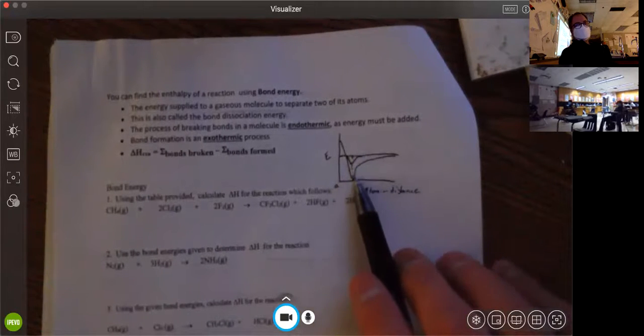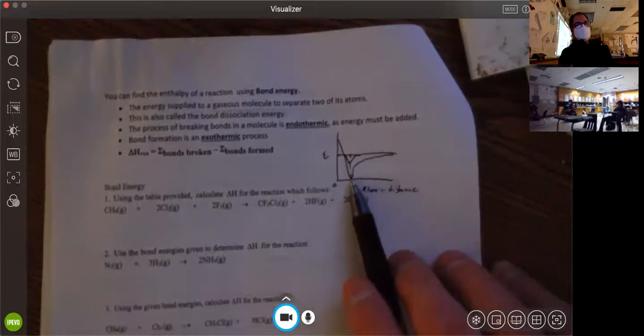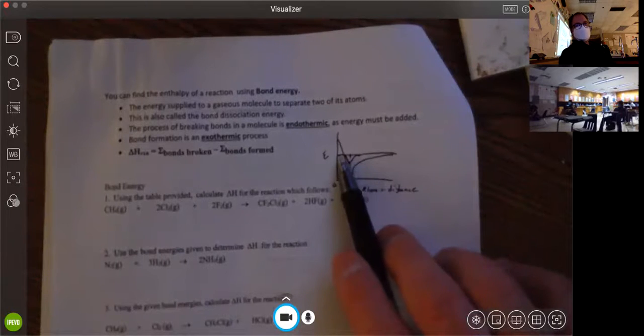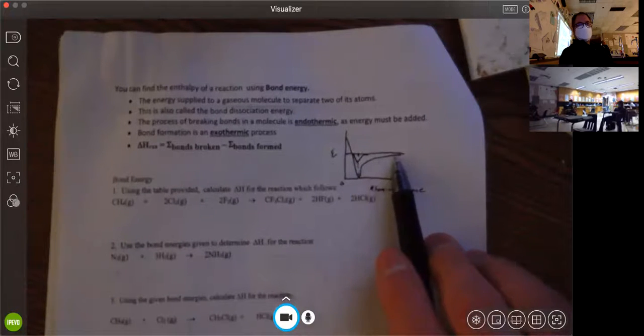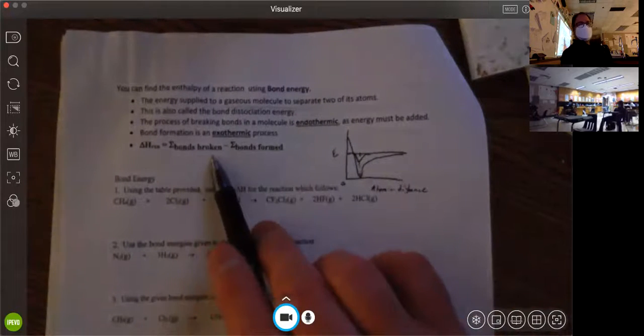And there is this potential energy right there when they find that sweet spot. This would be the atomic radii, and that's the energy that is holding them together. To pull them apart, it takes energy as well. And that's where you get the bonds broken part.